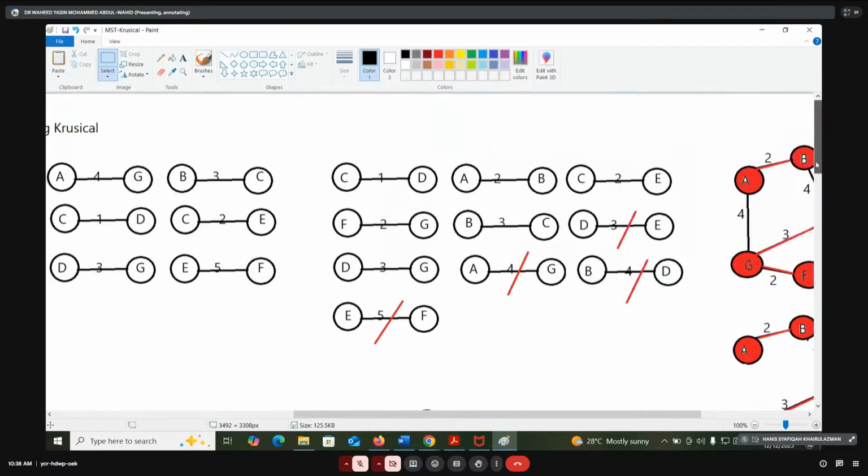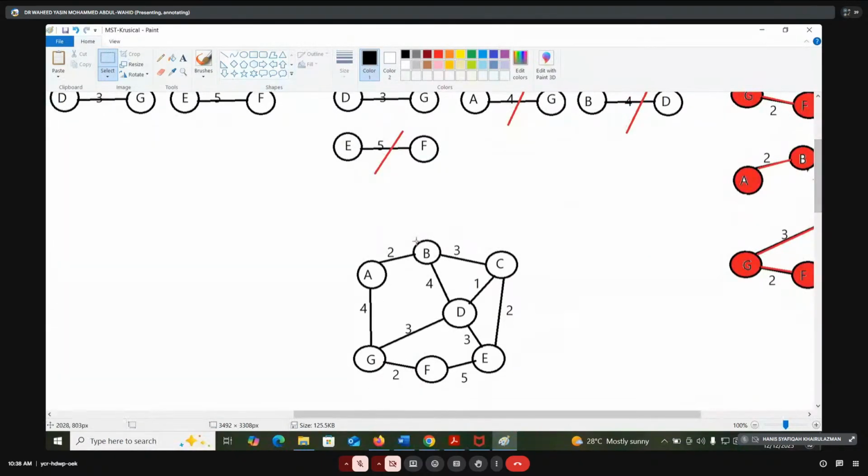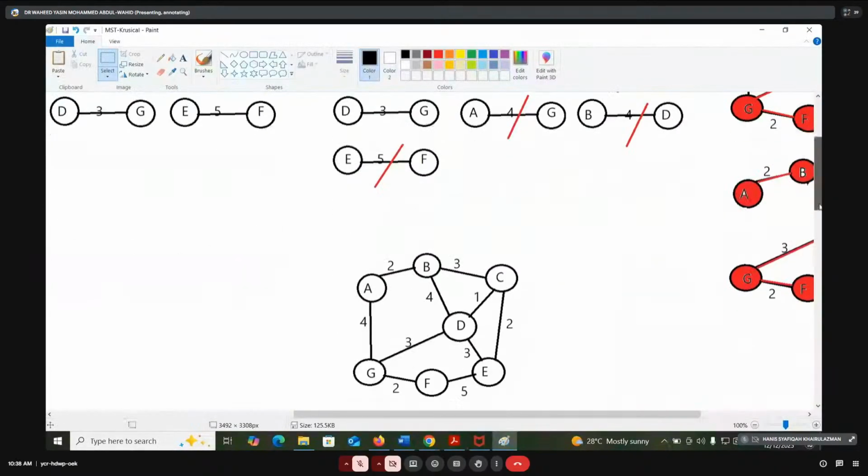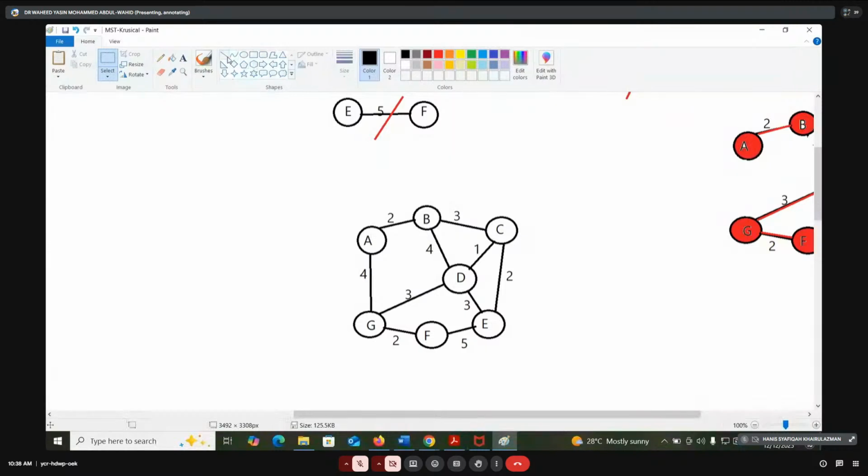So first I have AD 1. First I start with CD. Let me use green color. CD.